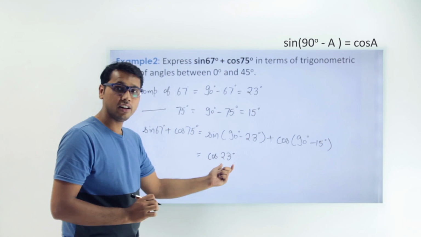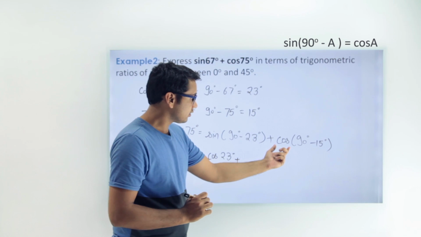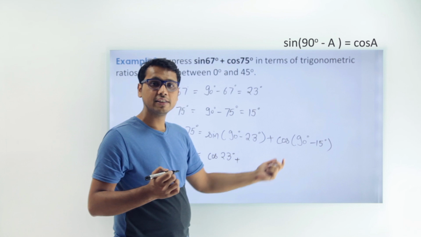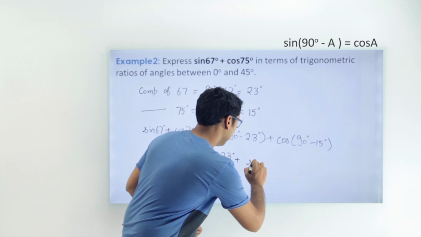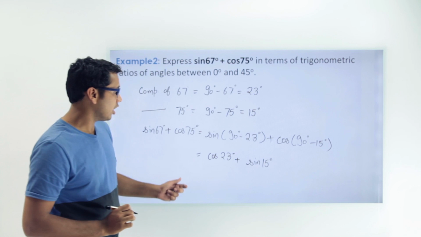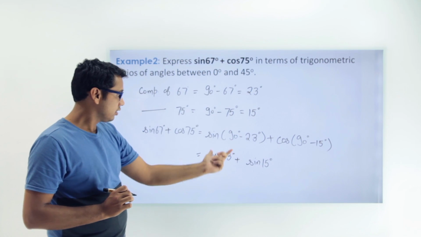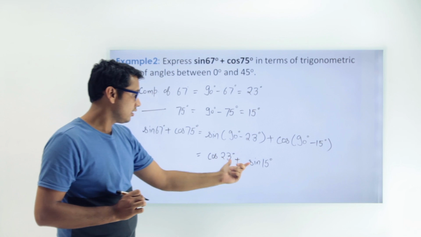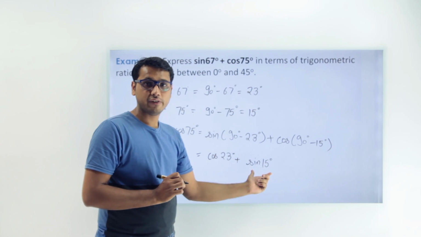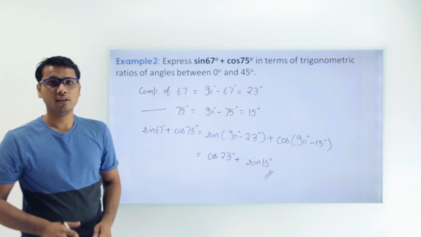Only this angle will remain, and similarly cos will change into its complementary trigonometric function, that is sine. So this will be sine of 15 degrees. Now if you look, we had changed sine 67 into 0 to 45 degrees and also cos 75 into 0 to 45 degrees. So this is our final result.